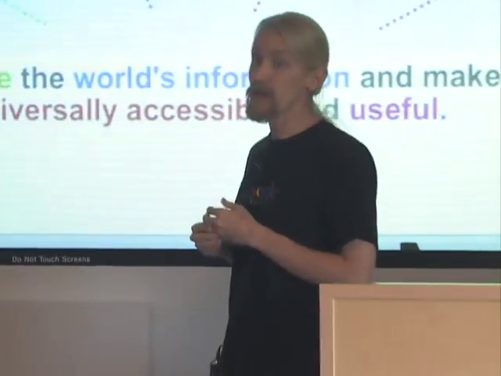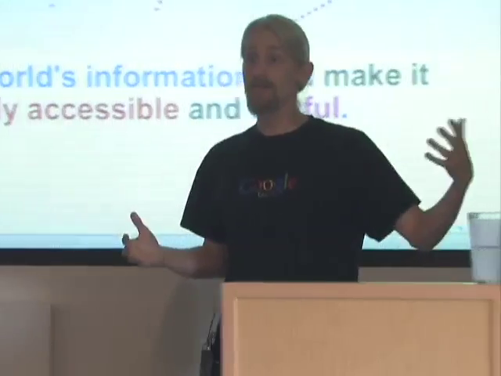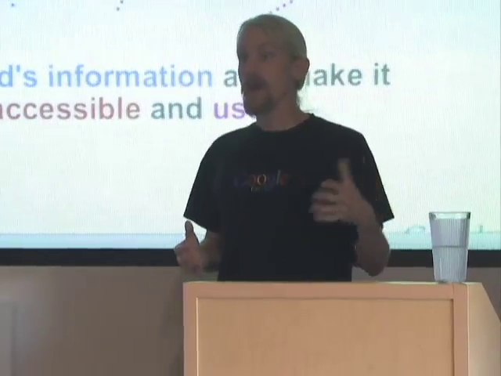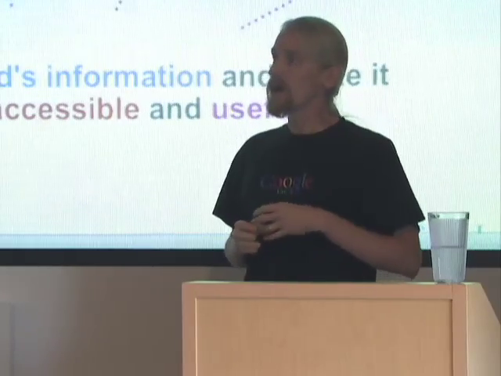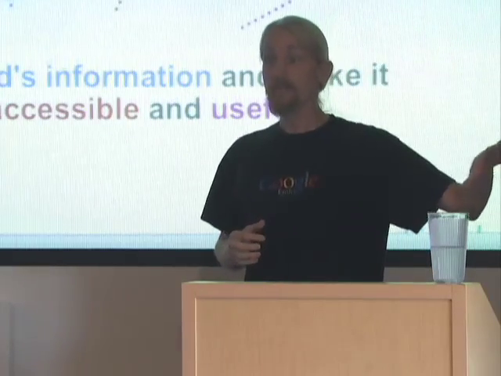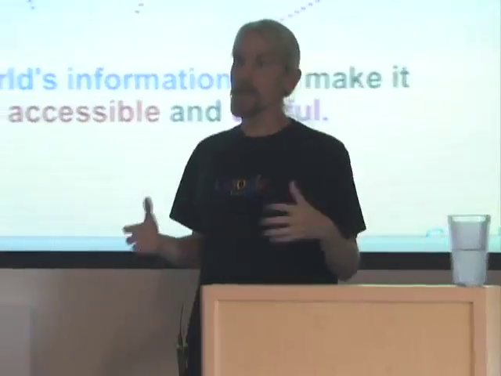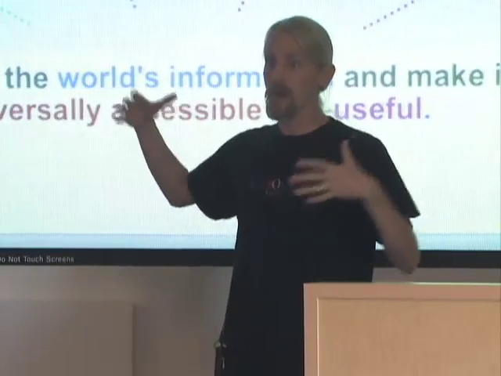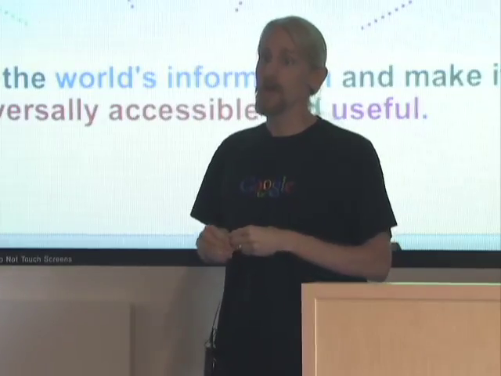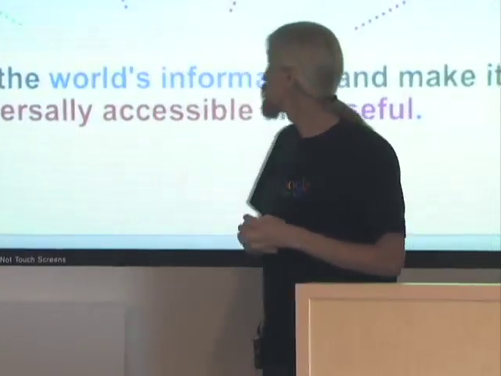Some of the world's information actually happens to come from our competitors, and we're not interested in excluding that information just because it happens to come from a competitor. And we're also not interested in blocking our competitors from accessing information just because it happens to live on Google servers. Right? This is all about organizing the world's information.